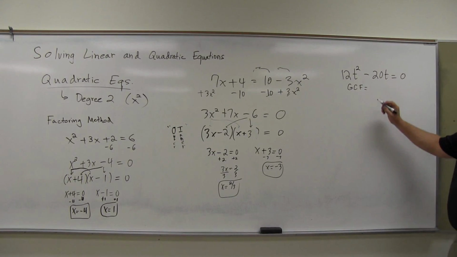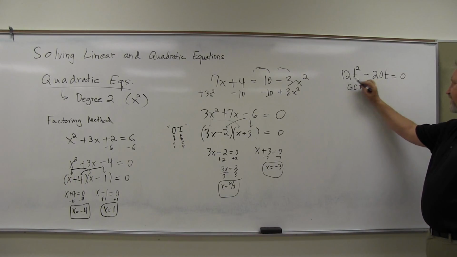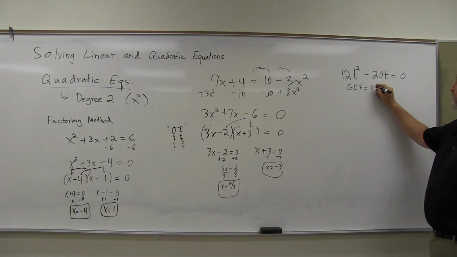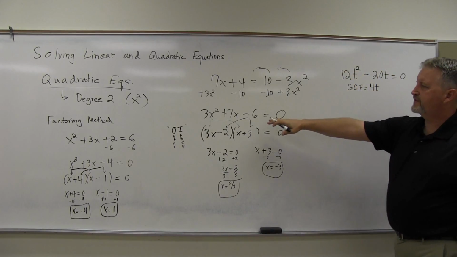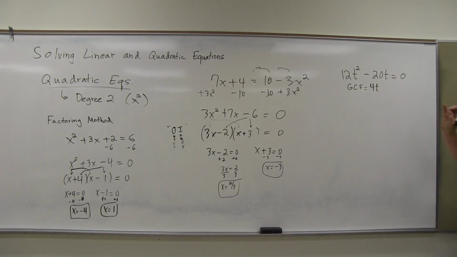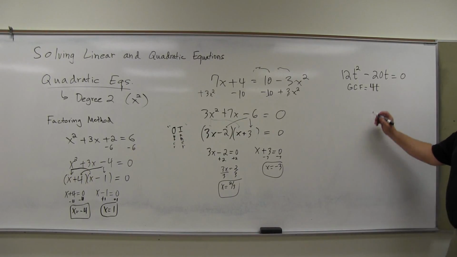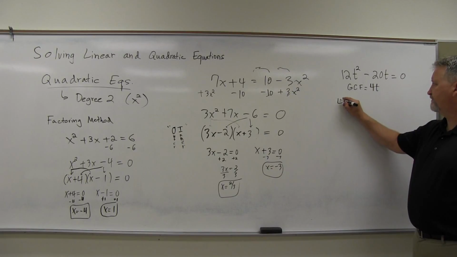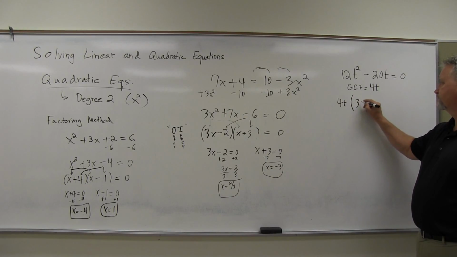of those two terms. Both of them have a t, and if you look at the numbers, they have a common factor of 4. In the previous factoring I didn't have that common factor, but when you do have a common factor, that is the first thing you probably want to do when you're solving these. So we're going to factor out the 4t.